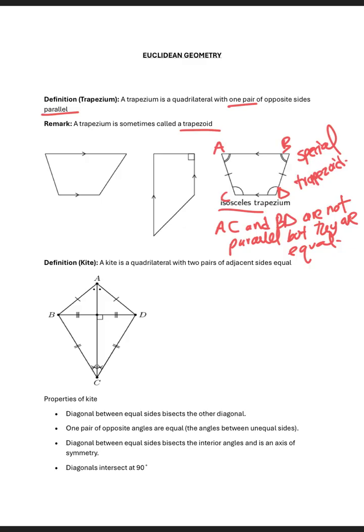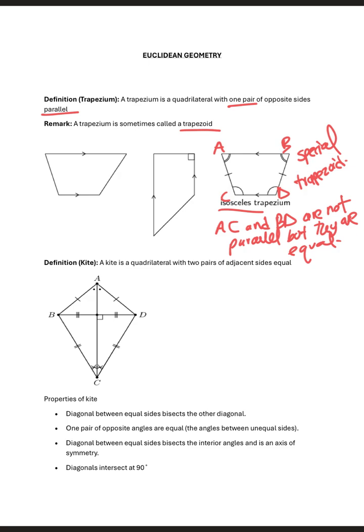So whenever we have that condition, then we know that the trapezium is going to be what? An isosceles trapezium. And then we also have this one here. It's a right-angled trapezium. As you can see, it has a 90 degrees angle.